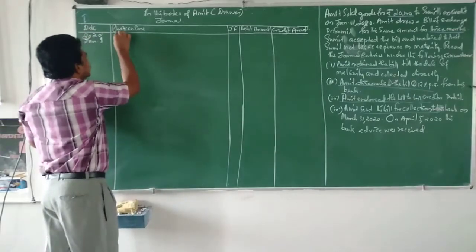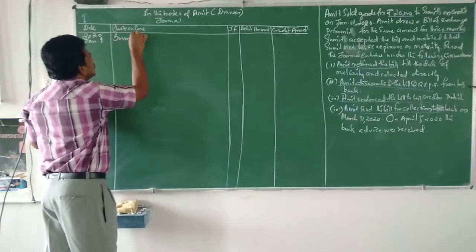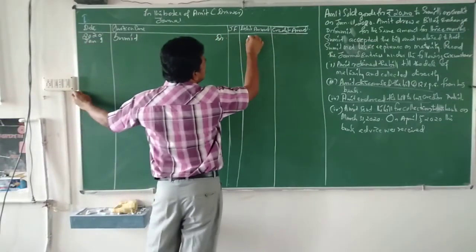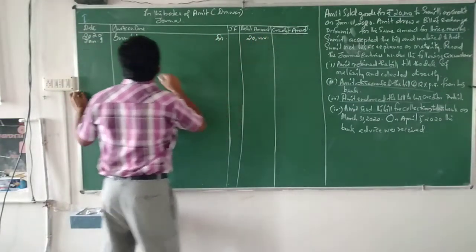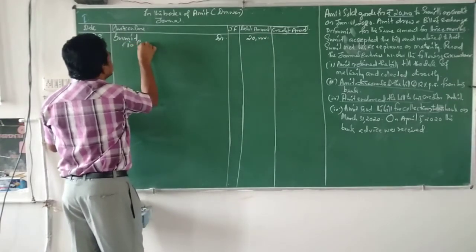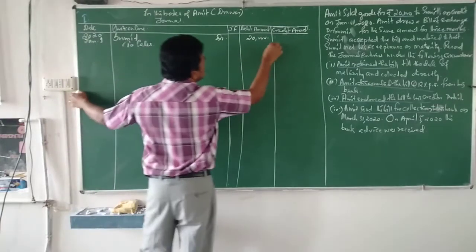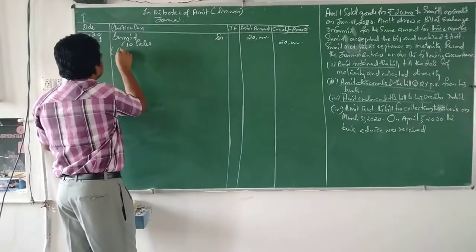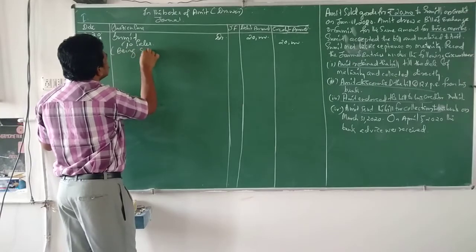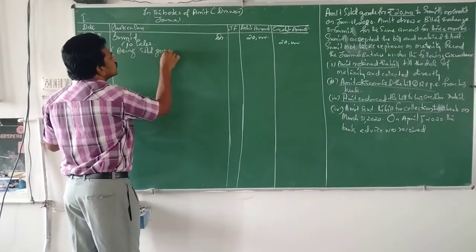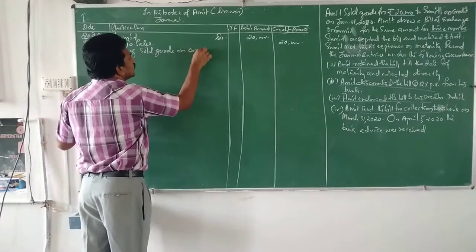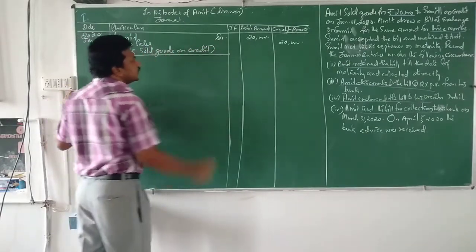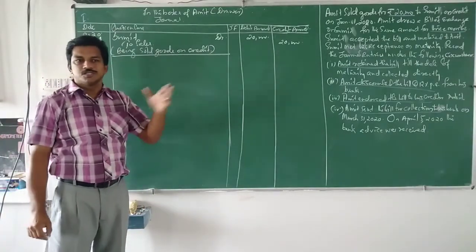So we will write Sumit debtor 20,000 to sales 20,000, being sold goods on credit. First journal entry is done.